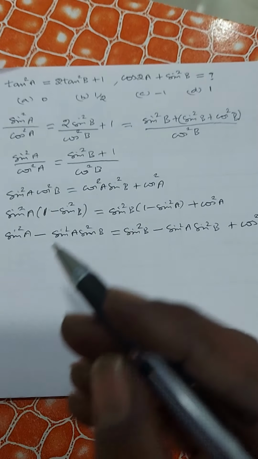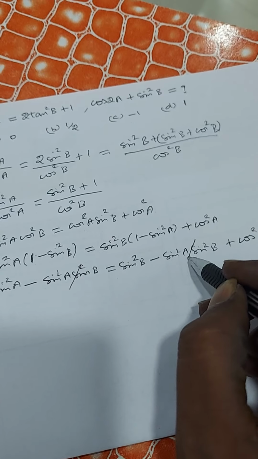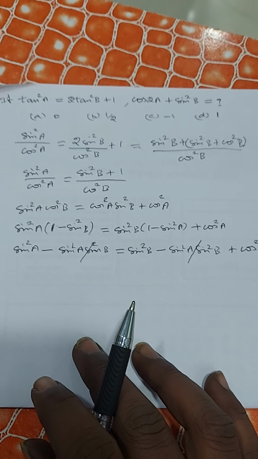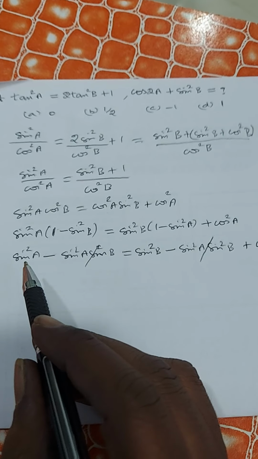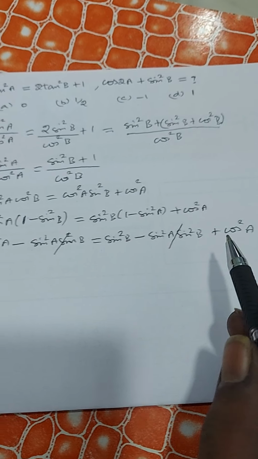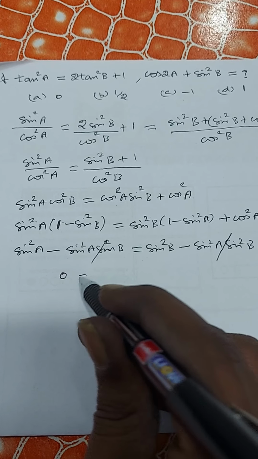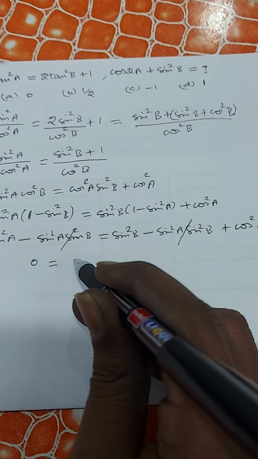Here the sin square b and sin square b will get cancelled. Then sin square a equals sin square b plus cos square a. We can take this sin square a to the right side. Here 0 only will be there.